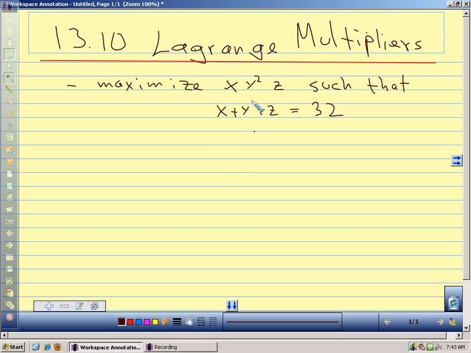What we're looking for in general is that we want to optimize some function of x, y, and z, and we call this our objective function.